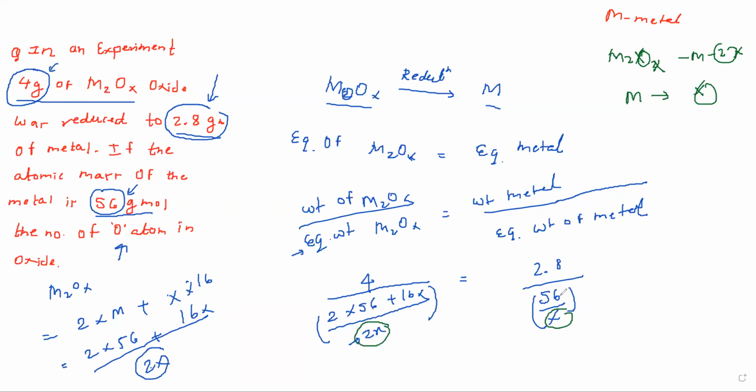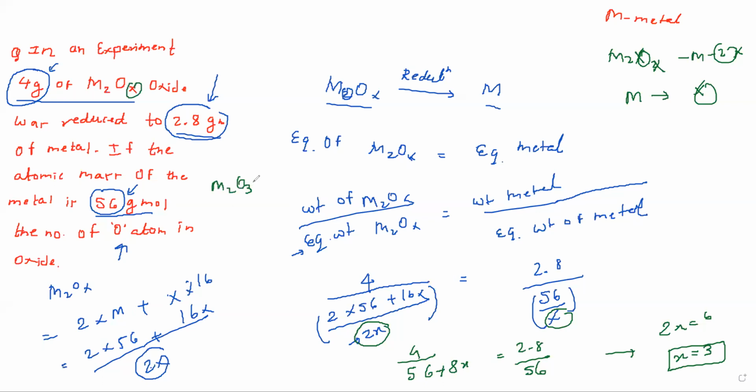When you do the cross multiplication, you get 4 upon 56 plus 8x is equal to 2.8 upon 56. When you solve further, you get 2x is equal to 6, so x is equal to 3. So the oxide is M2O3.